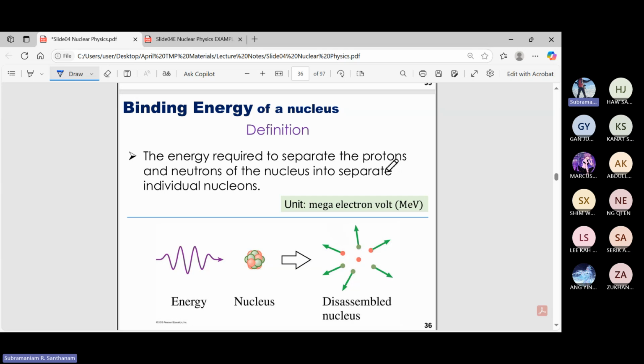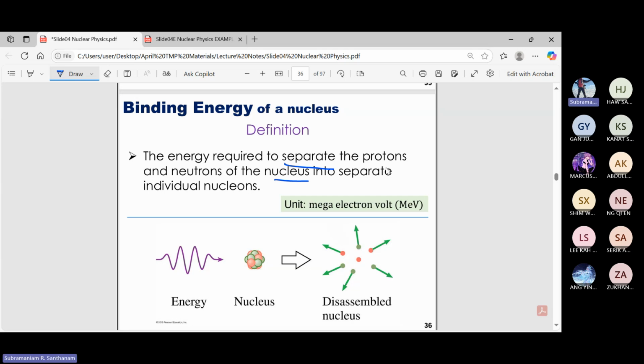To define it, you say it is the energy required to bring all the separate nucleons together to form the nucleus, or to break the nucleus into separate individual nucleons.